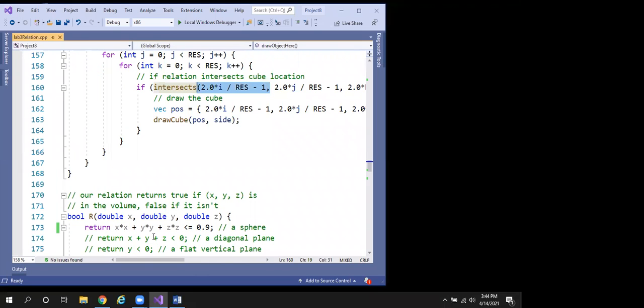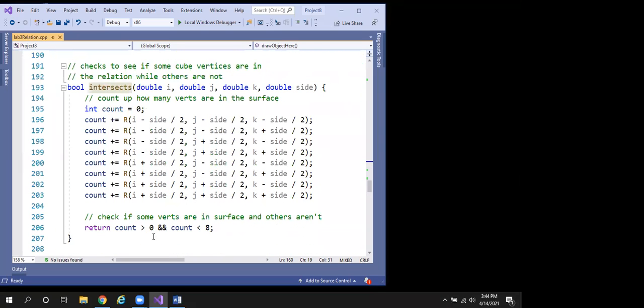And here's how the intersects function works. It's, again, #NastyHack. What I do is I make up a count of how many vertices are in the surface, and then I check to see if some vertices are in and others are not.